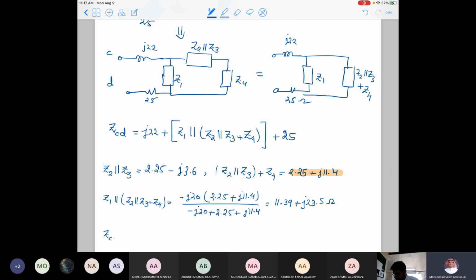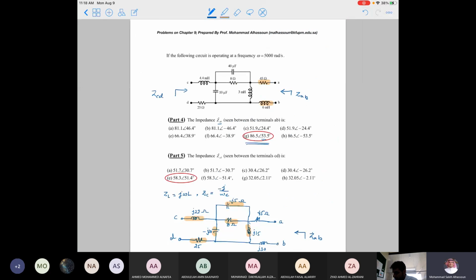So ZCD will be J22 plus the value I found here, plus 25. And this is going to give me 36.39 plus J45.53 ohm, or 58.3 at 51.4 degrees ohm.